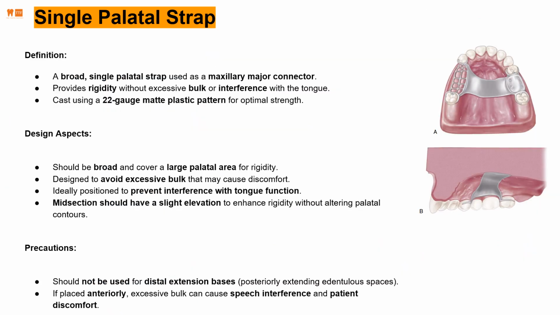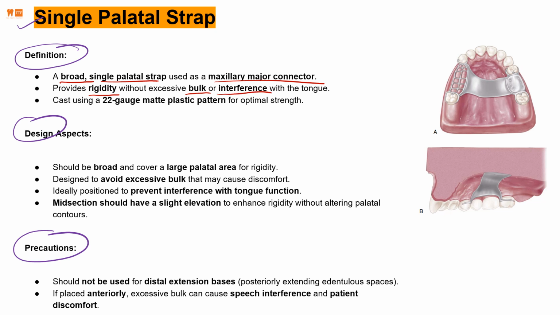So let's start with the first one, single palatal strap. Like we said, definition, design, and some guidelines. So definition, it's a broad single palatal strap, maxillary major connector, used for rigidity without excessive bulk. There's no interference with the tongue. Look how nice and flat this is. This is a cross section, by the way.